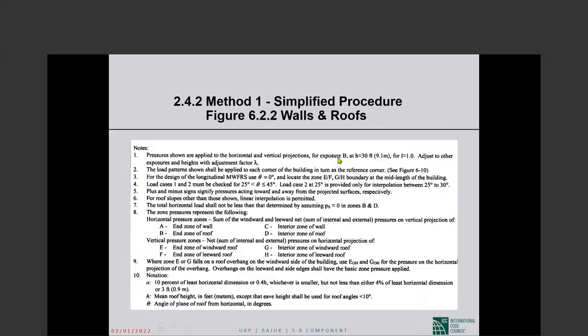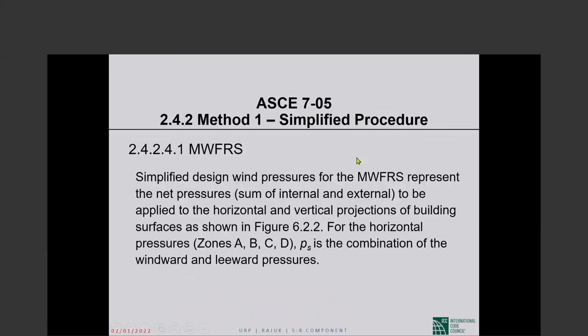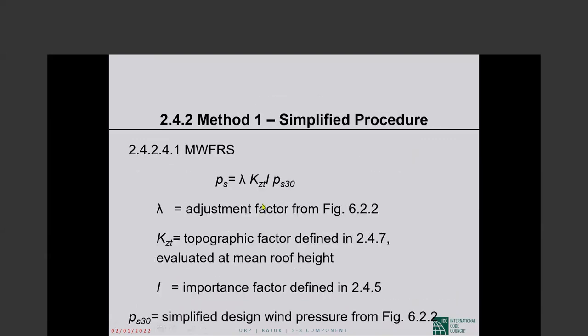So this method is for the pressures that are given, the PS30 is for exposure B and mean roof height of 30 feet. This is why it is called PS30. Okay? So that number is for exposure B and mean roof height of 30 feet.